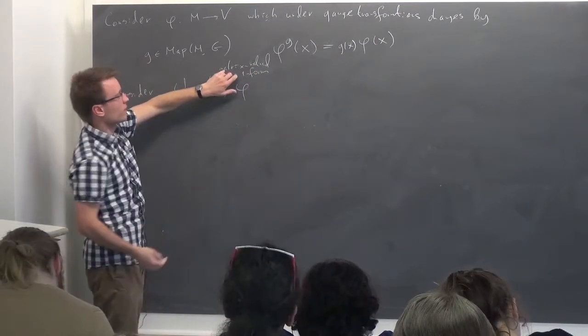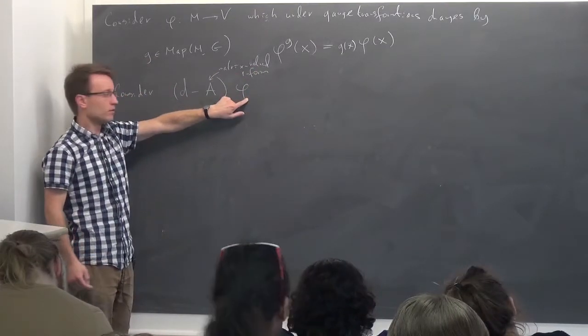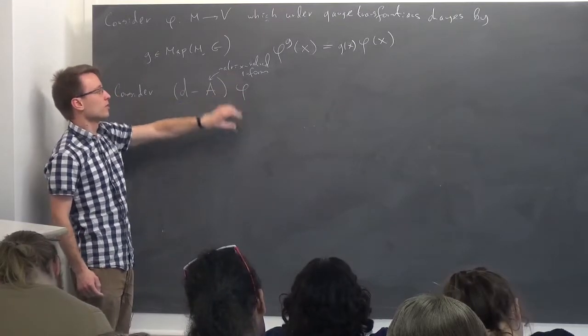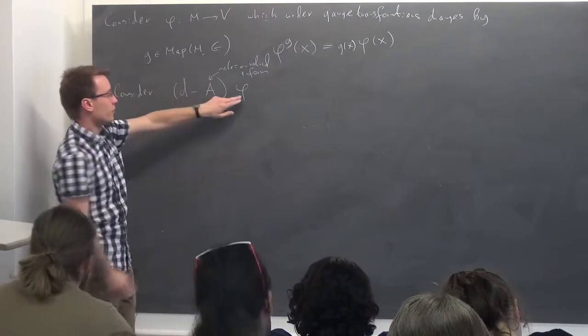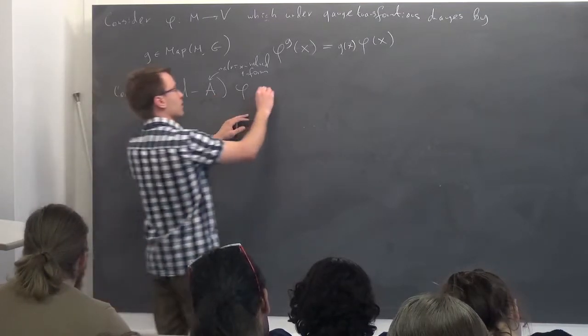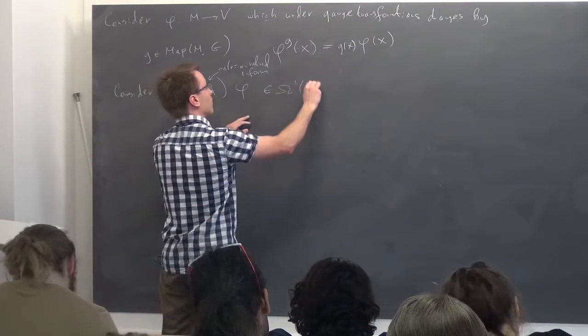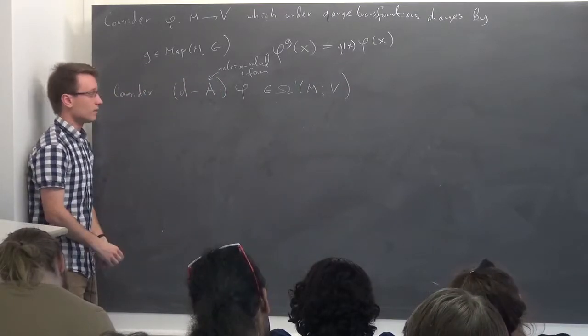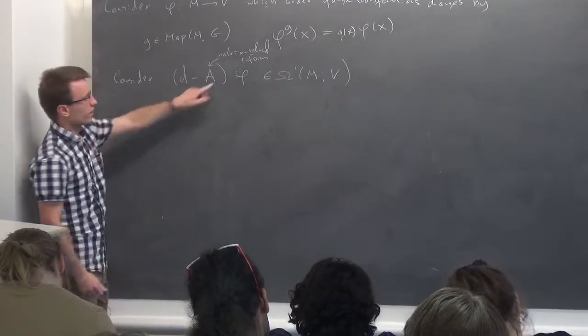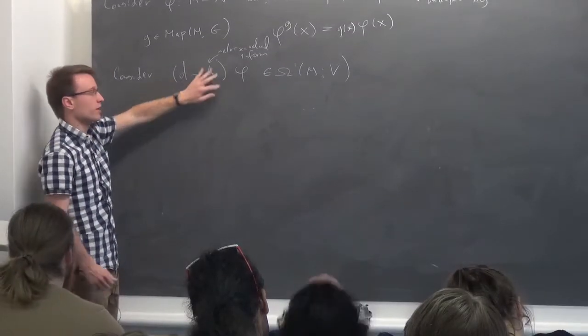So given this matrix, you can act by this matrix on the vector and you get another vector. So this is a one form on M valued in V. Let's look at how this expression changes under gauge transformations.